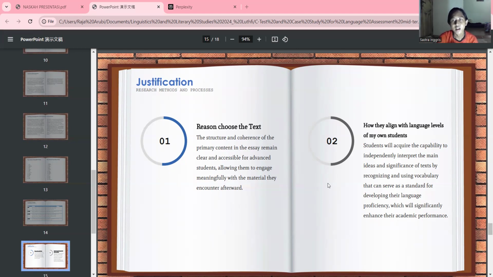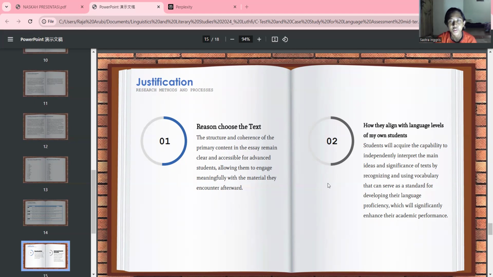Okay, the second is how they connect with the language level of my own students. Students will acquire the capability to independently interpret the main ideas and significance of the text by recognizing and using vocabulary that can serve as a standard for developing their language proficiency, which will significantly enhance their academic performance.